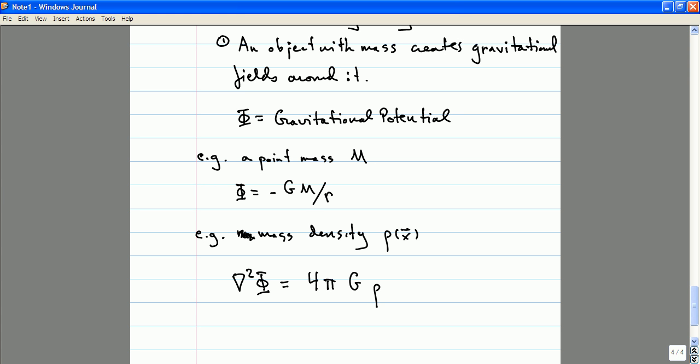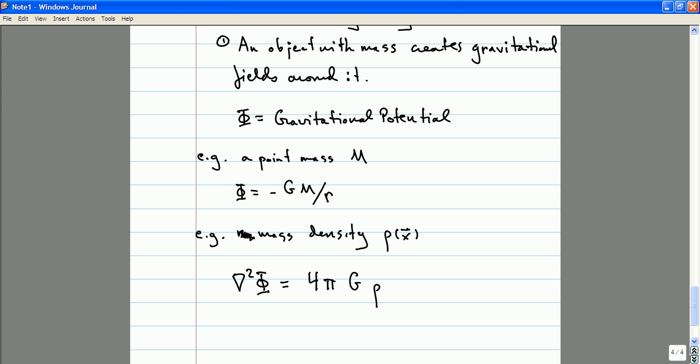Now, I assume that you have all seen that first formula, that phi is minus GM over r. And just for my information, have you all seen that second formula as well? Yes or no? No. Okay. Have you all seen the analogous formula for electromagnetism, where the Laplacian of the electric potential is equal to the charge density? Raise your hand if you've seen it. Okay, you haven't really seen it.